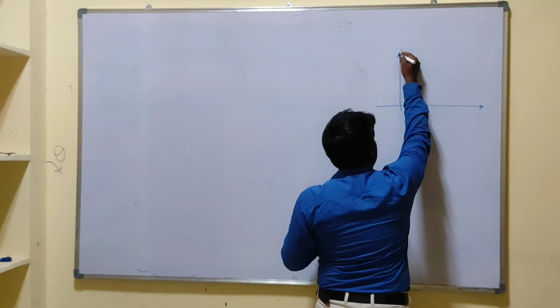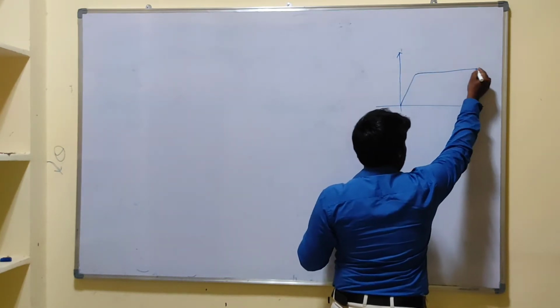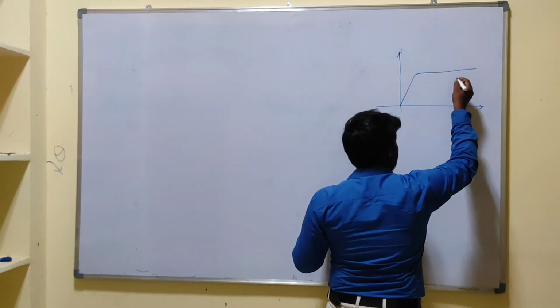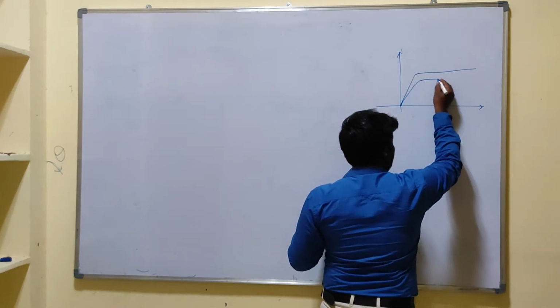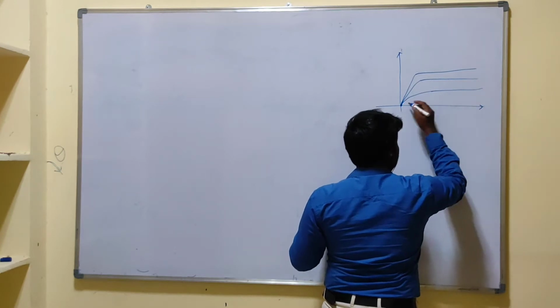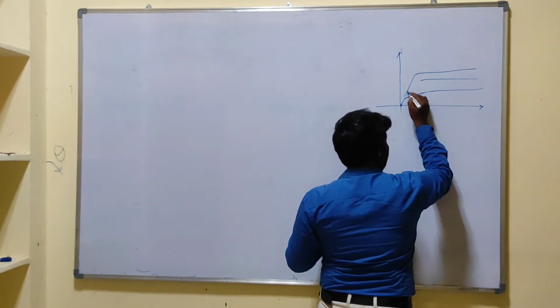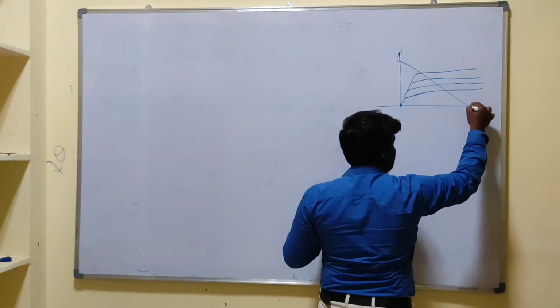So let us say, for the given IB, we have it like this. Okay, it is our DC load line.